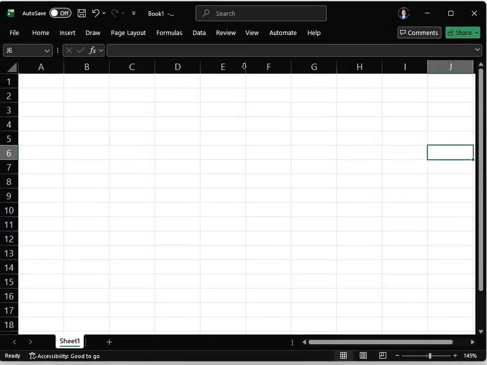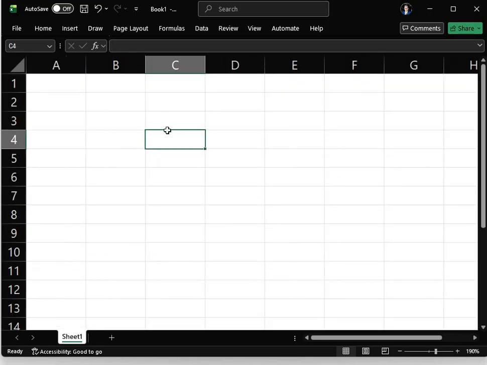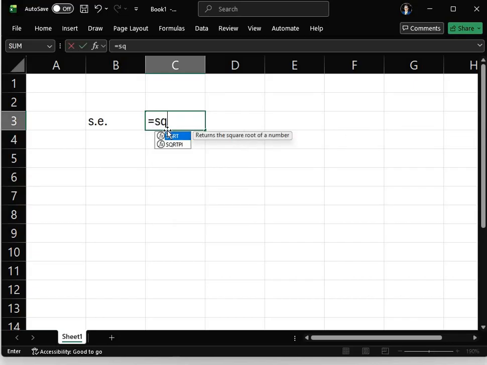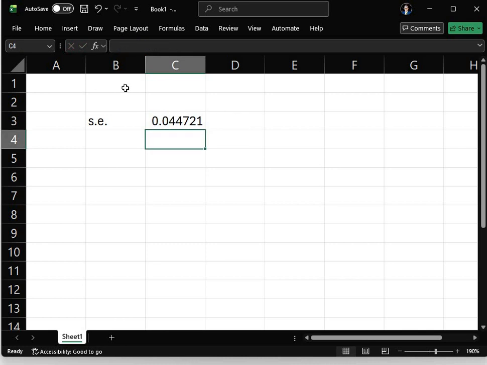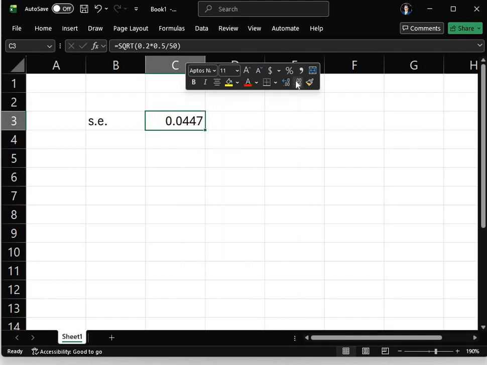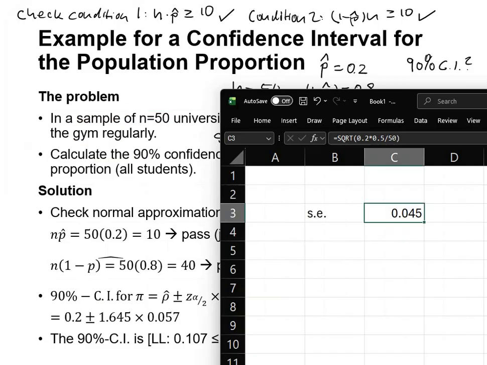Now we want to calculate the standard error, which is equal to the square root of 0.2 times 0.8 divided by 50, and then we get 0.045.